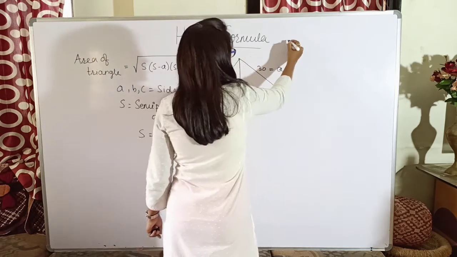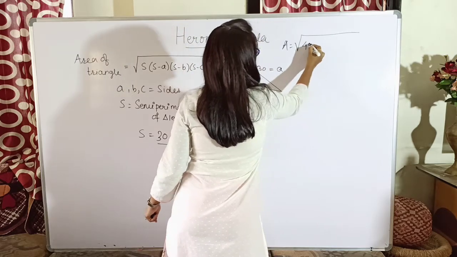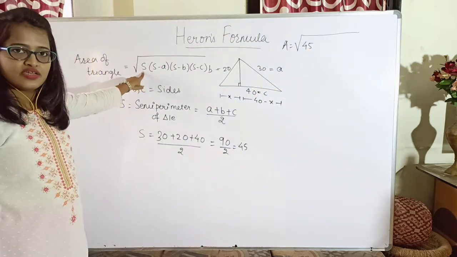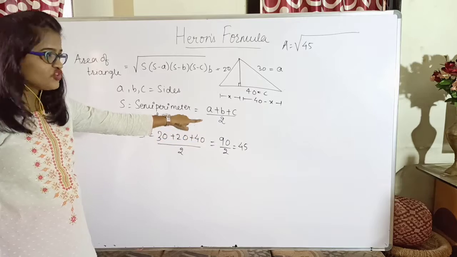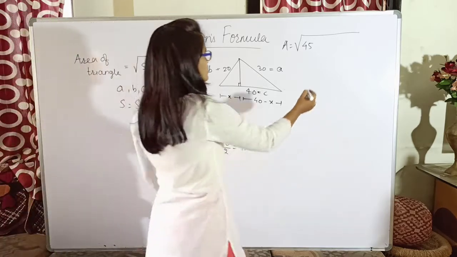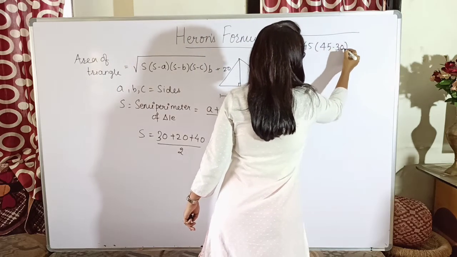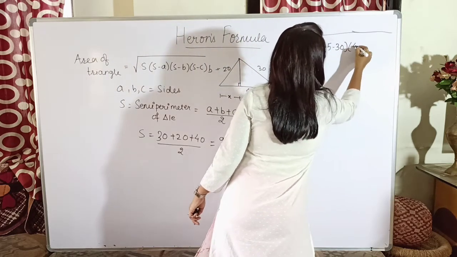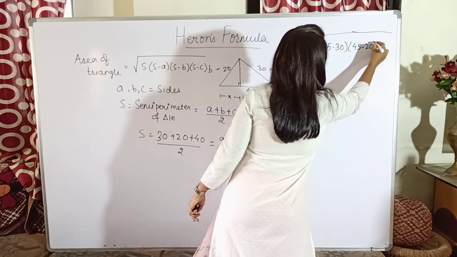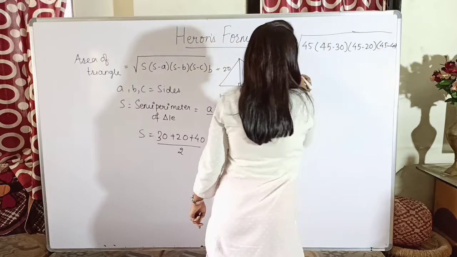So area of triangle will be equal to under root of S, my semi-perimeter, which I have obtained as 45. Further 45 minus A, A is my 30, so in bracket 45 minus 30, whereas B is my 20, so 45 minus 20, and C is my 40, so 45 minus 40.